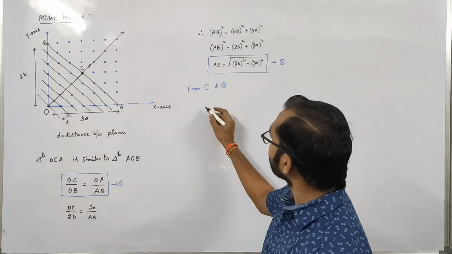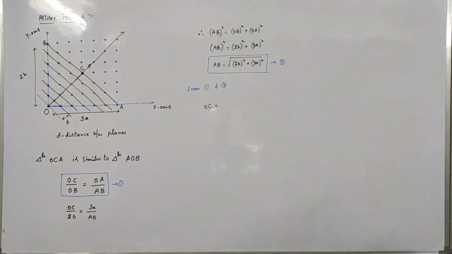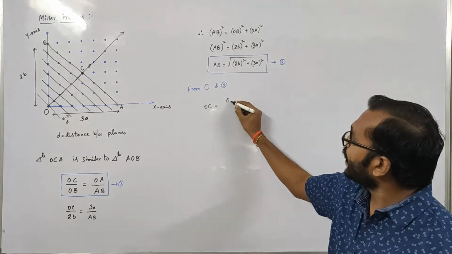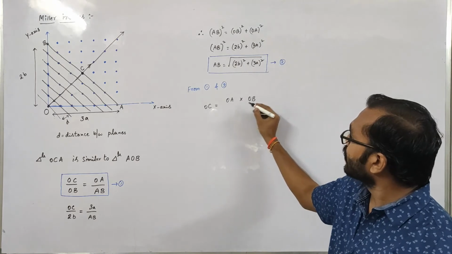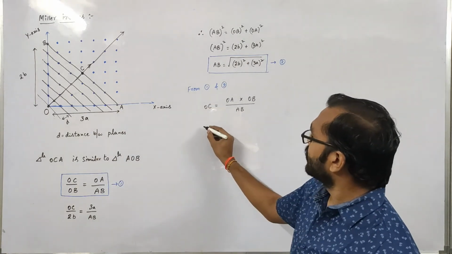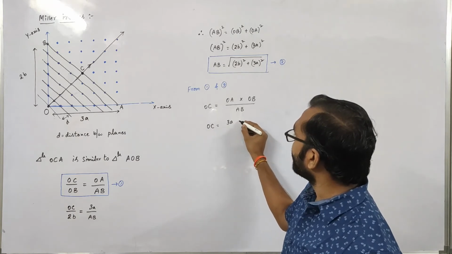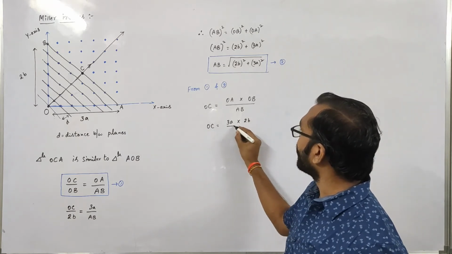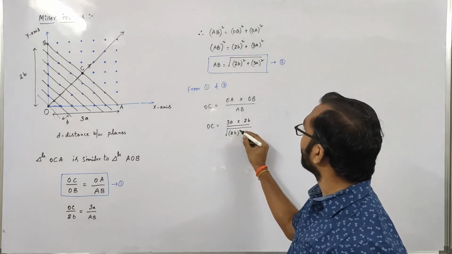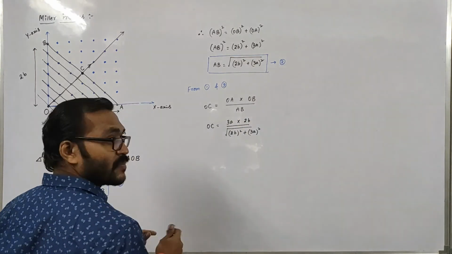OC equals OA into OB by AB. What is OA? 3A. So OC is equal to 3A into 2B upon under root 2B square plus 3A square. Any doubt in this?